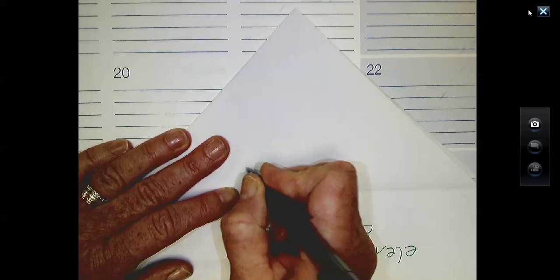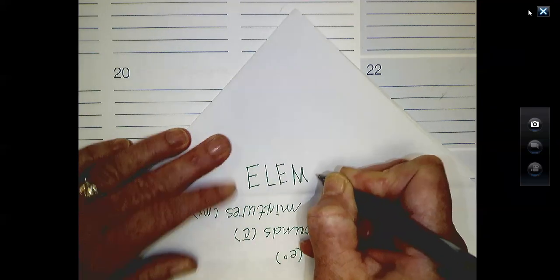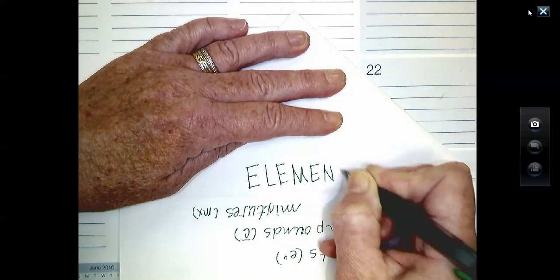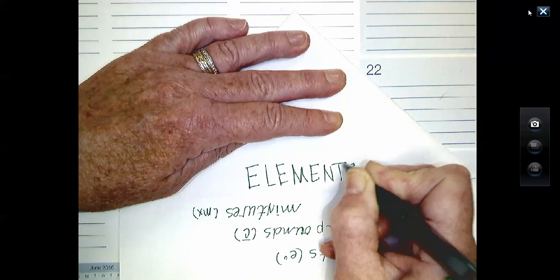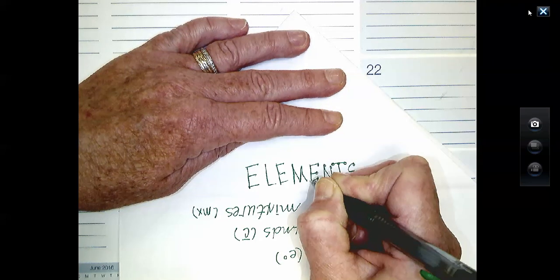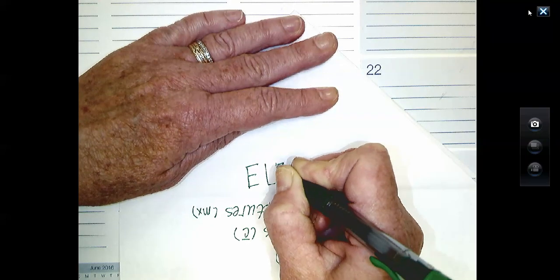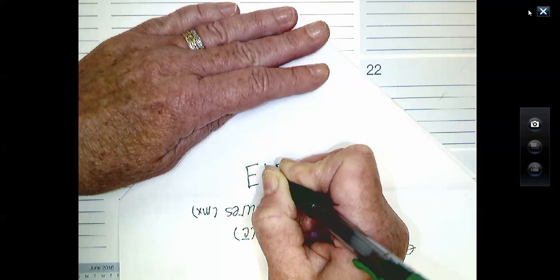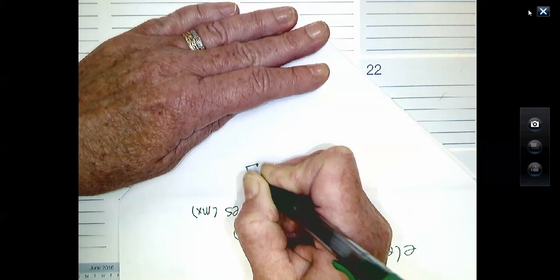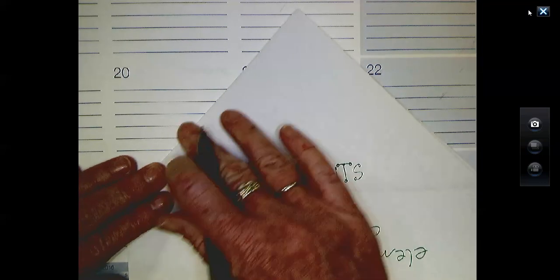So, elements. Okay, one thing that you need to know about elements is that they can be found on the periodic table of the elements.